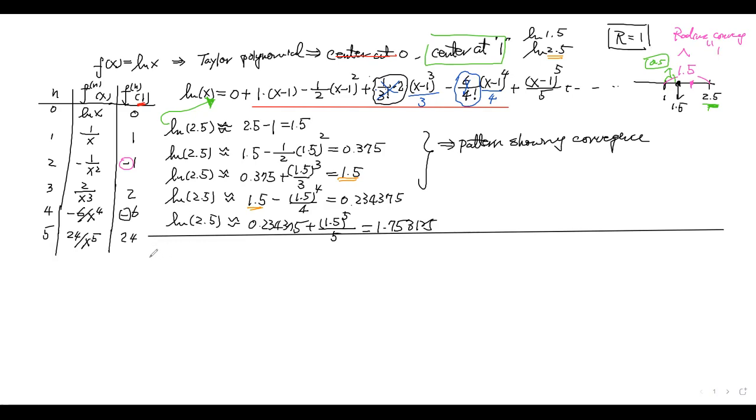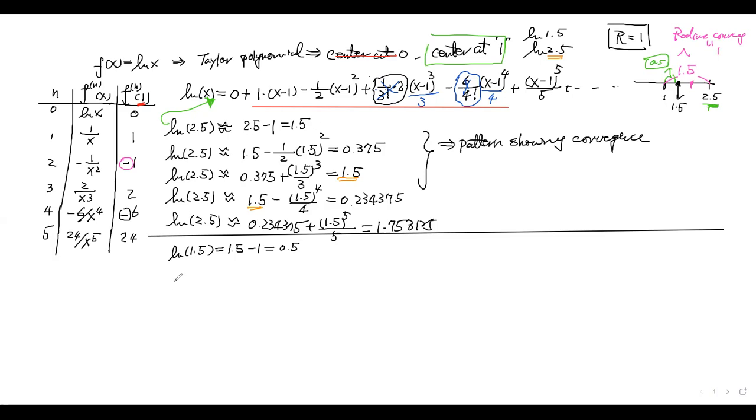The first thing, I'm still using this log expansion. When n equals 0, the term is 0. So let's take a look at 1.5, the first, the x minus 1 term. This will just be 1.5 minus 1, so this will be 0.5.